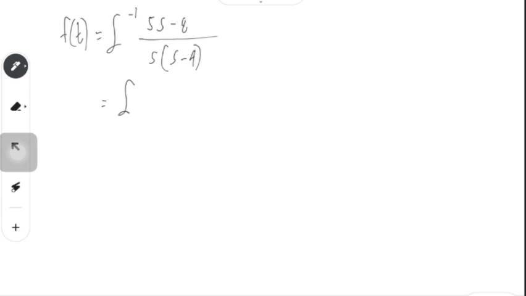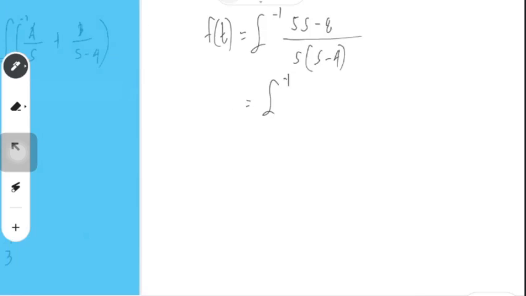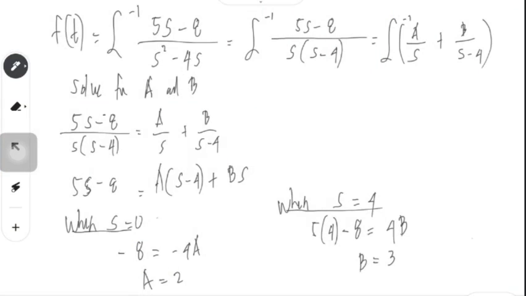Therefore, the function of t is equal to the inverse Laplace transform of the quantity 5s minus 8 divided by s times s minus 4, which can be written as the inverse Laplace transform of a, but we found out a to be 2.